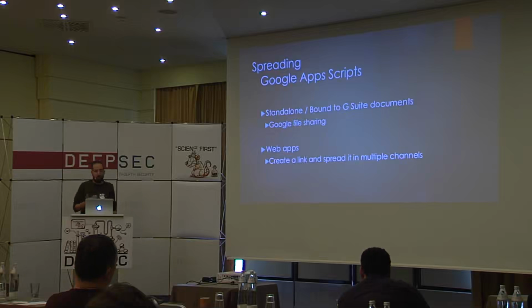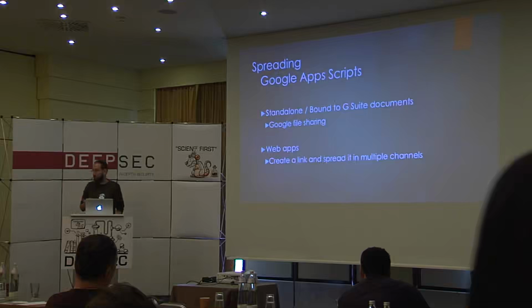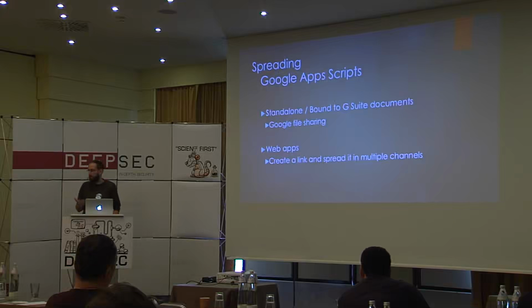If we're talking about standalone scripts, it's really easy to share. As I said, it's a file within my Google Drive, so what I basically need to do is use Google's capabilities for sharing files. I can share this file with each one of you, and you will get an email saying this user wants to share a file with you.